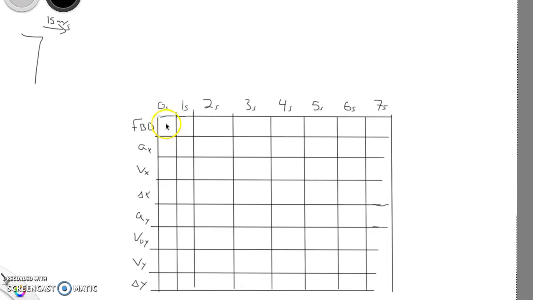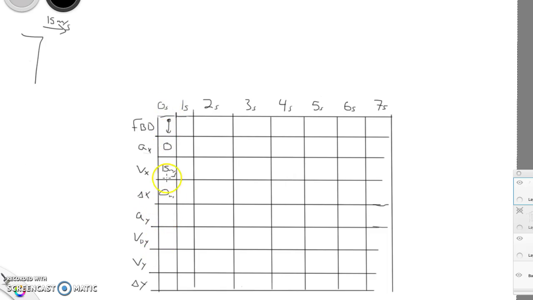At time 0, we have this object that we're throwing horizontally, and it's experiencing a downward gravitational force. There's no horizontal force, which means our horizontal acceleration, since nothing's pushing it sideways, is 0. We have a horizontal velocity of 15 meters per second and a horizontal displacement of 0 meters because it hasn't moved sideways at all.